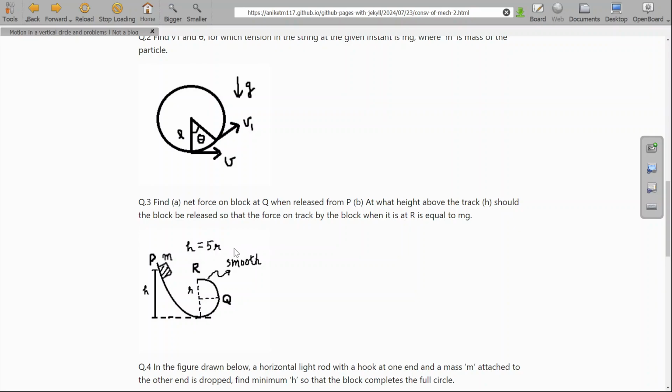And the next part is, from what height h should we release m, so that when it is at r, it exerts a force mg on the track. So this is the track actually of some radius r. So let us do this one.